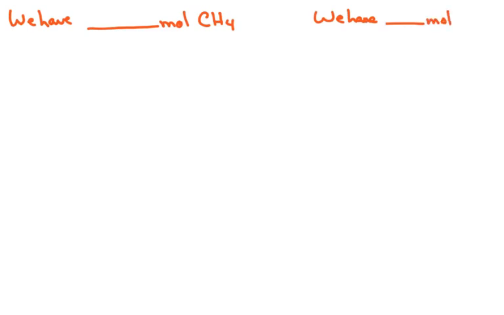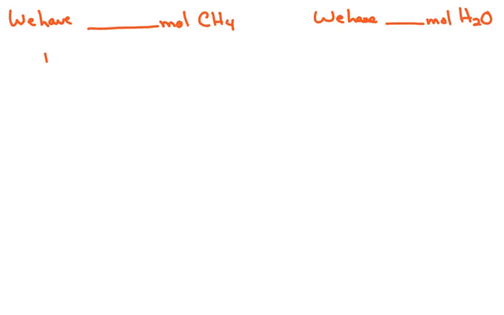What we know is that we have some moles of methane and we also know that we have some moles of water. The first step we need to take is determine exactly how many moles of each.